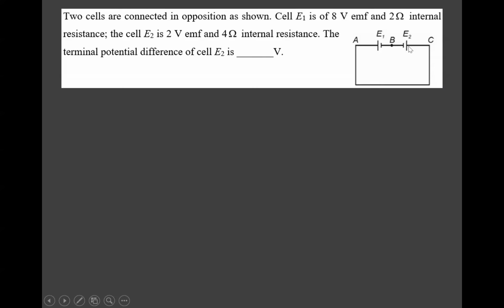So, to find out the terminal voltage, first of all, we have to find the current flowing in the circuit. Okay. So, here, as per Kirchhoff's second rule, we can write current in the circuit I, that is E1 minus E2. See, these two are in opposition mode and E1 is greater than E2.